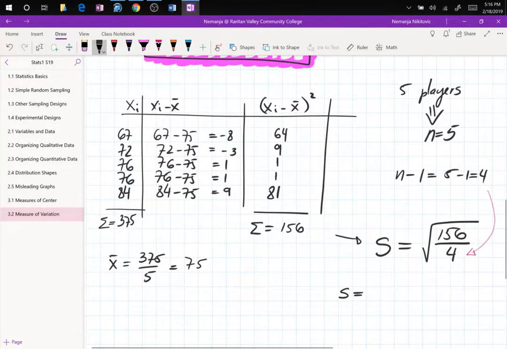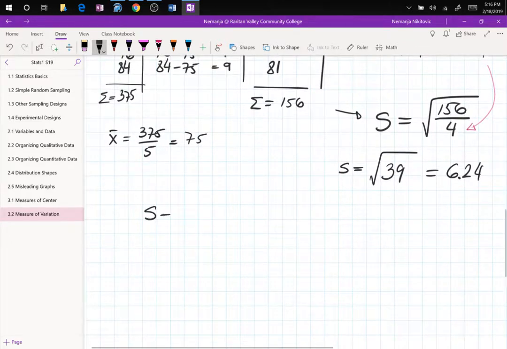So now S equals square root of 156 divided by 4. And finally, square root of 39 is 6.24. So we came up with a standard deviation of 6.24.